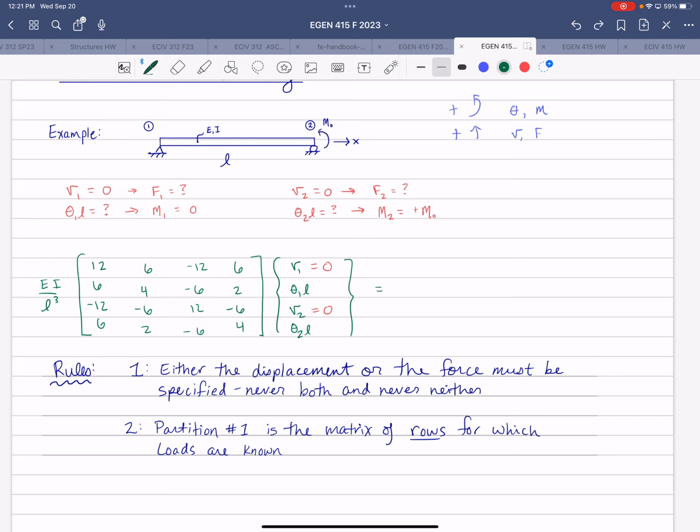And we'll set that equal to forces. So we have F1, M1 over L, F2, and M2 over L. And so our M1 over L is 0, M2 over L is going to be positive M naught over L.